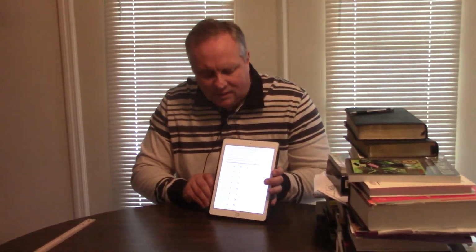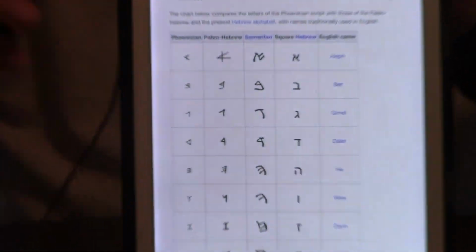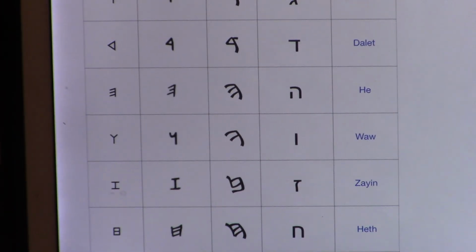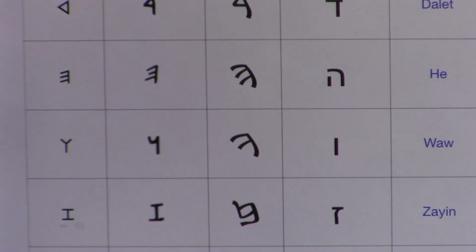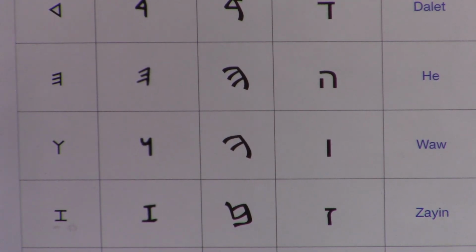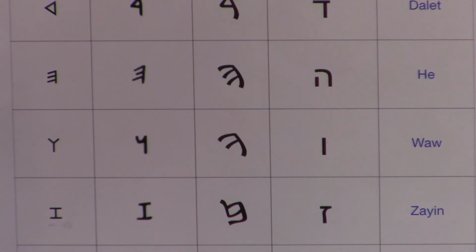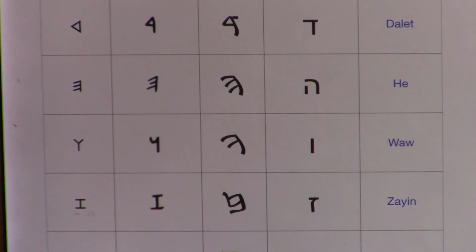And then the he. See if that doesn't look like an E to you. Again, just turn it around because they read a different direction. We would go from left to right. They would go from right to left. And maybe that was all part of the confusion of tongues at Babel. I'm not sure.